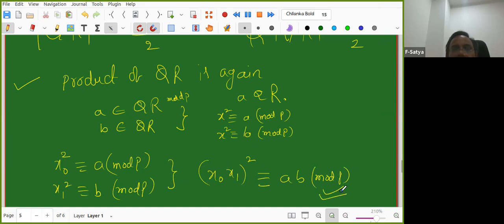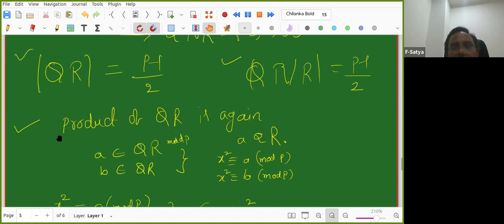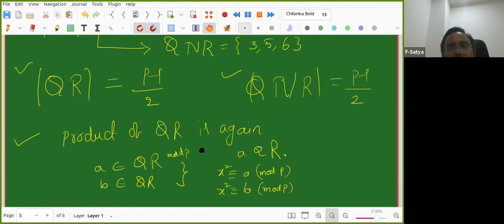You have done the proof. So the product of quadratic residues is again a quadratic residue. Wonderful. Any other observation?